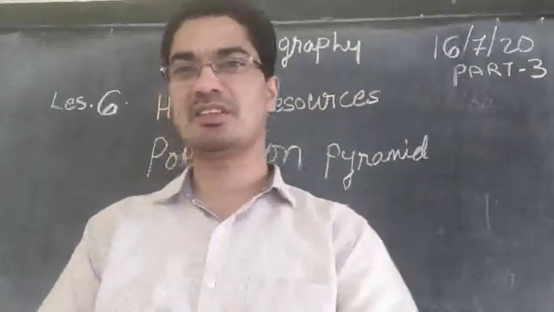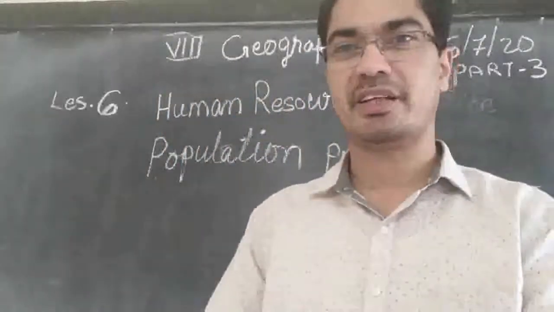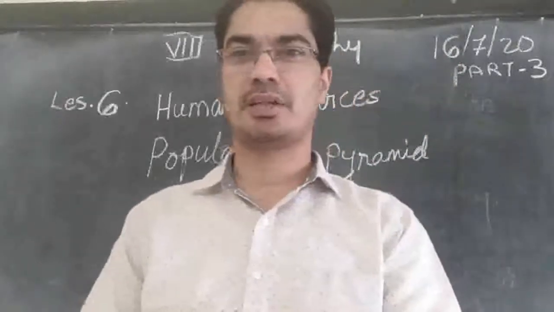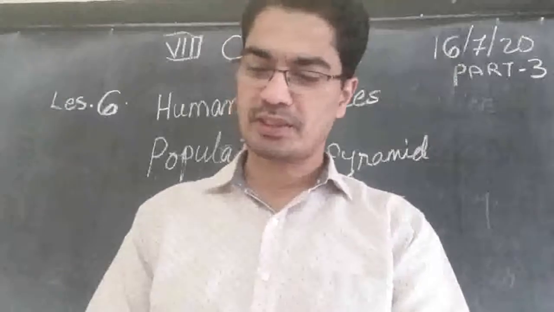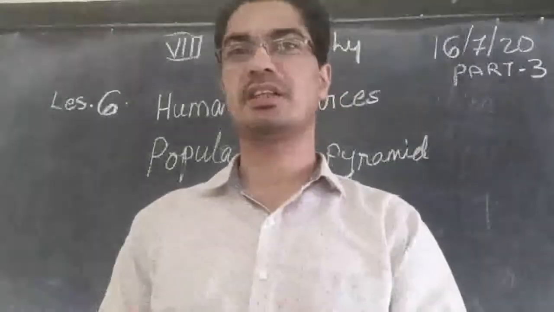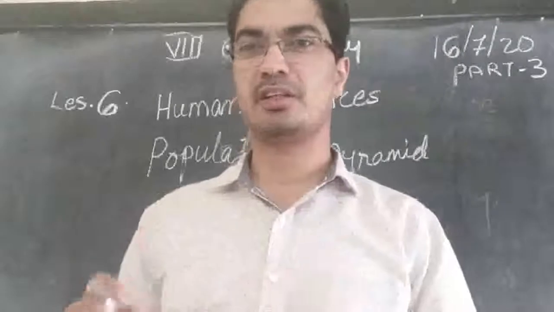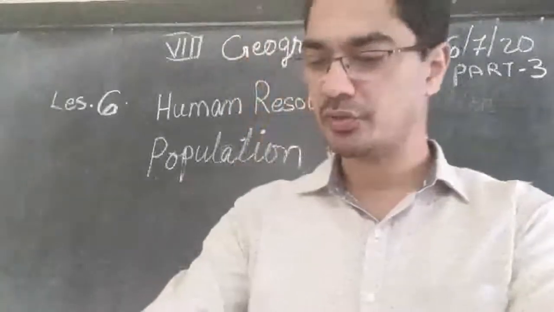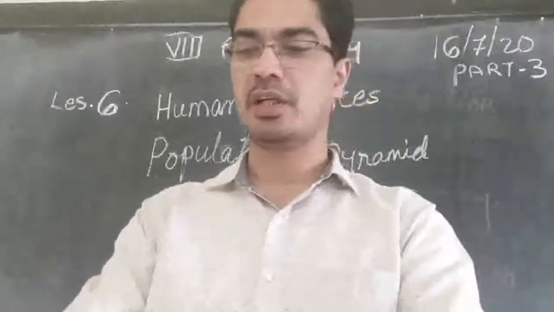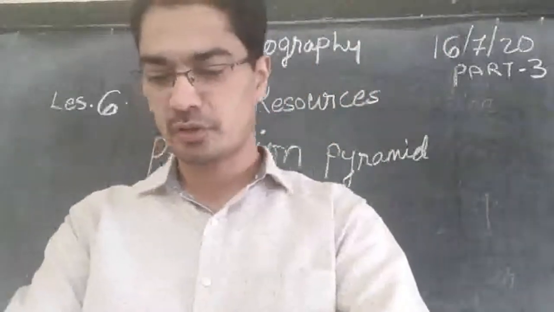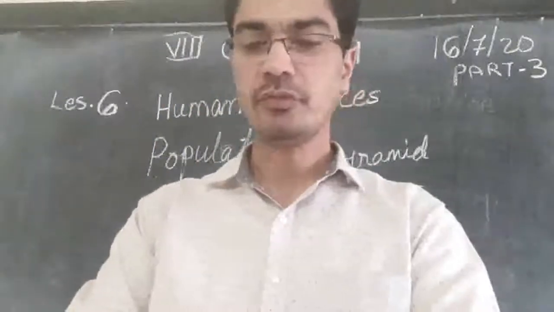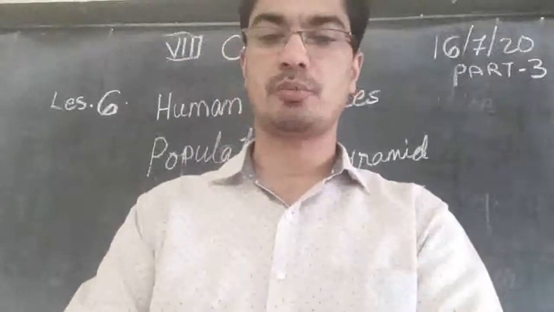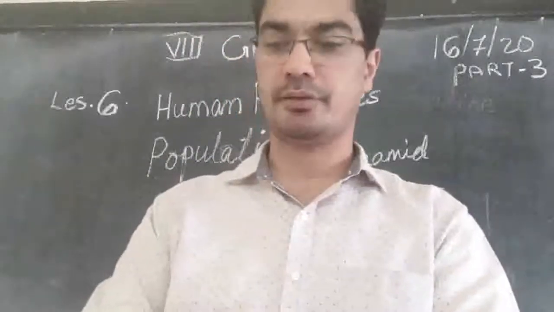The girl says, sure, let us study 3 countries and learn more about the population pyramid. The 3 countries we have selected are India, Kenya, and Japan. The shape of the population pyramid tells the story of the people living in that particular country.